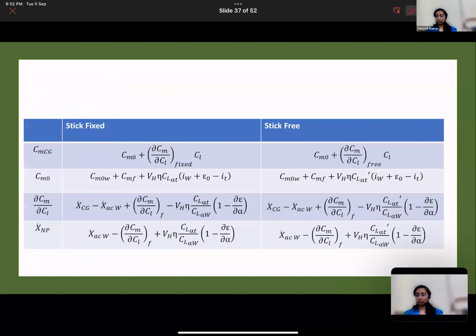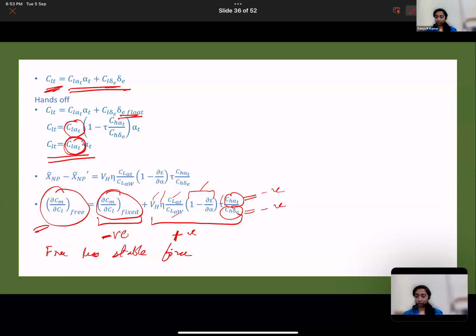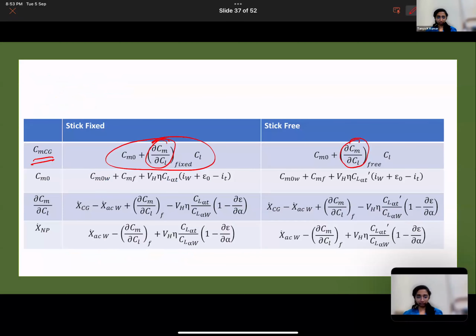So now let's look at CMCG, the moment at the CG. For stick fixed case, we know this term, right? For a stick free case, only this changes, dCM upon dCL. The new one is here. Next, CM naught. Everything is the same. All that changes is that CL alpha tail becomes CL alpha tail prime.